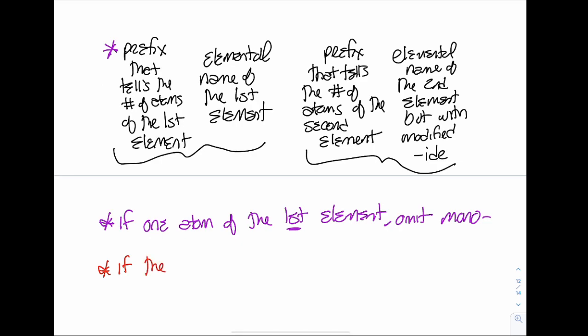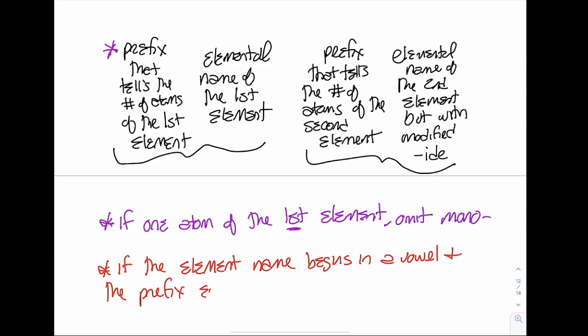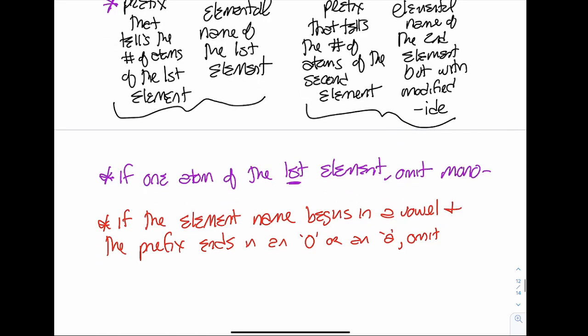If the element name begins in a vowel and the prefix ends in an O or an A, omit the O or the A. So if you have one oxygen, and it's not the first element, because if it was the first one, I would just say oxygen, but it's the second one.